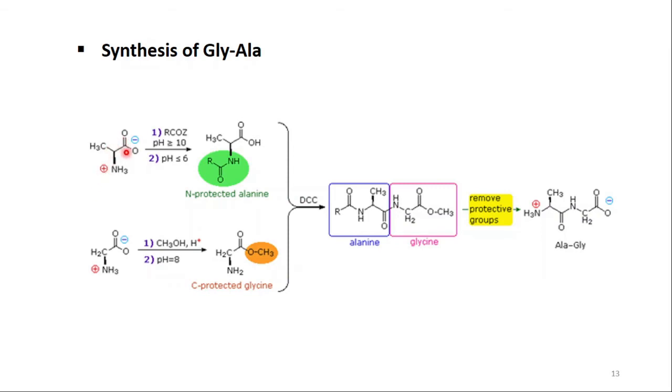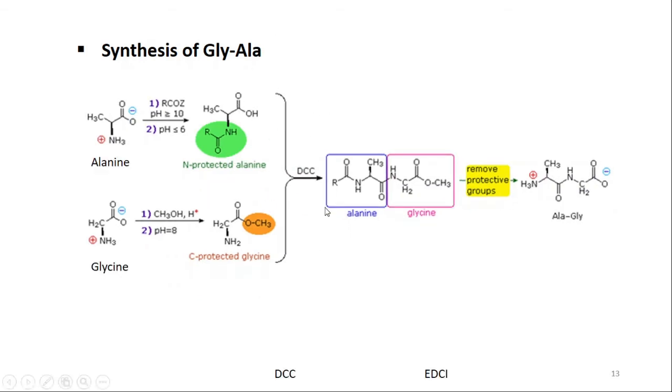In alanine you have to protect either COOH or NH2, and again in glycine you have to protect either COOH or NH2. If you are protecting NH2 here, then you have to protect COOH there, because for the coupling reaction we use DCC, a coupling reagent.